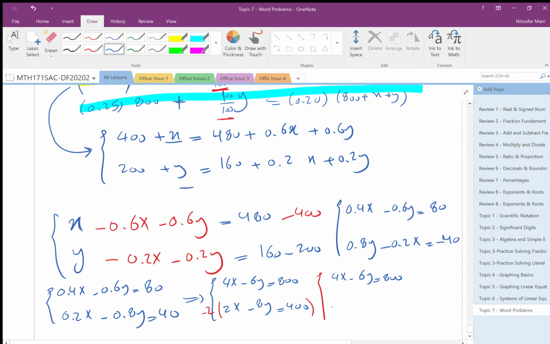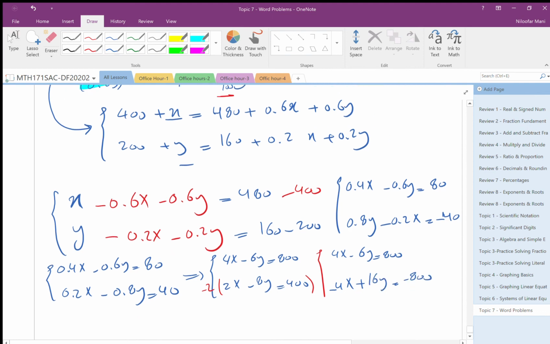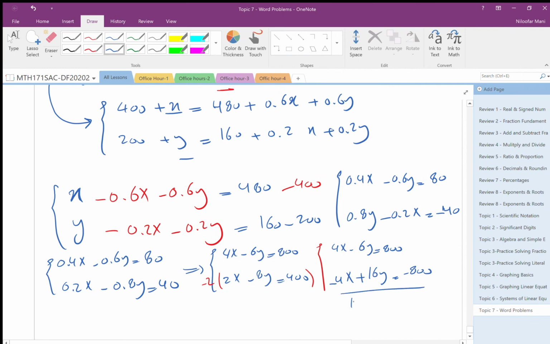So it's minus 4x plus 16y equals minus 800, and when you add, 10y equals 0 and y is 0. So I don't need to add any Pb, meaning no Pb.